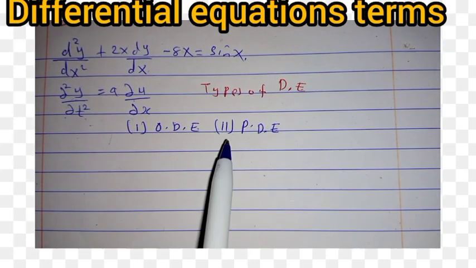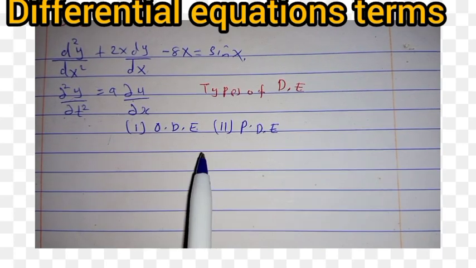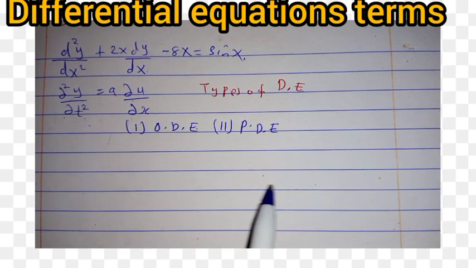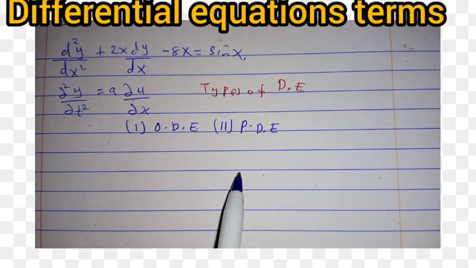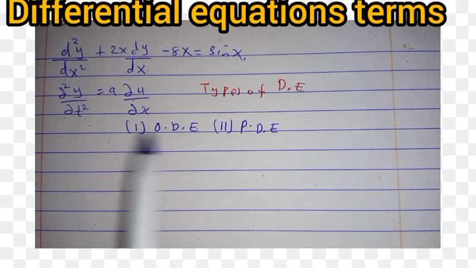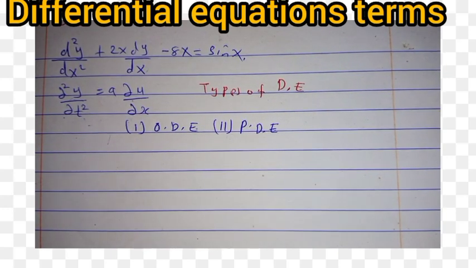Depending on the college or university where you are schooling, ODE 1 is covered in one year, and also PDE 1 is covered in that year, or some universities prefer to cover PDE in the fourth year. And then the second ODE and the second PDE are covered in the fourth year.